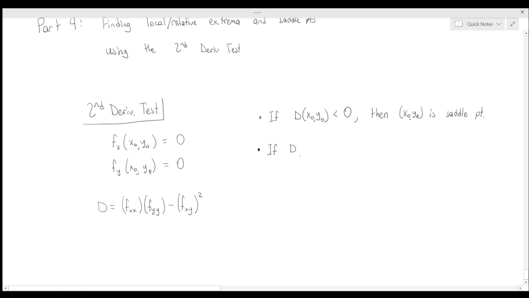Now, if when you plug your critical point into D, it turns out to be positive, okay, then what you'll do is you'll go back and look at fxx, and if fxx at the critical point is also positive, then the function will have a local minimum at this critical point.